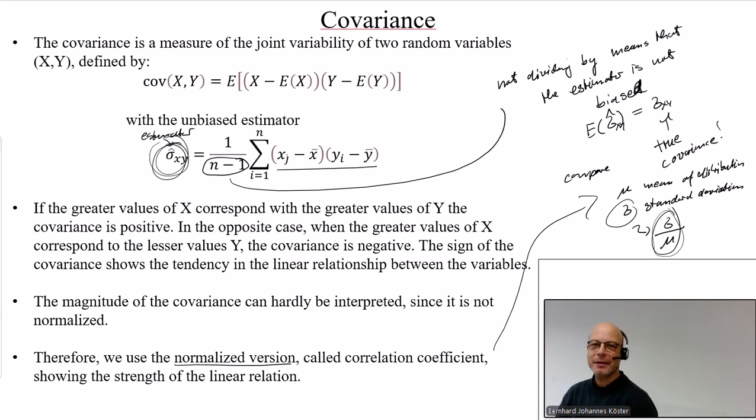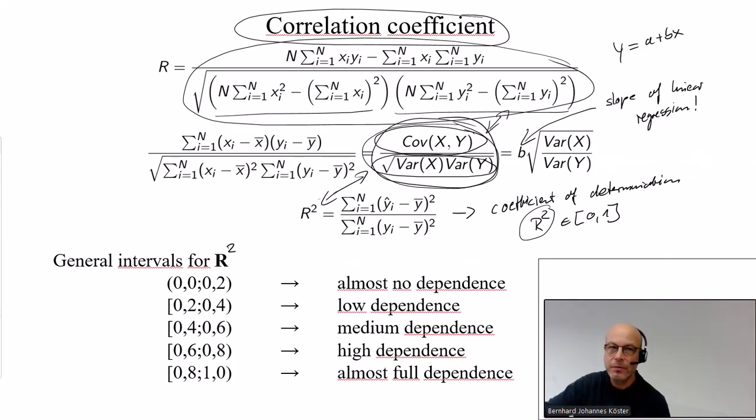And I think you can think about this, that if this happens, then you do not really find a good linear line within your cloud of data points. And in general, you can say if you have a coefficient of determination just around 0 or a little bit larger, then you say, well, you have almost no dependence.